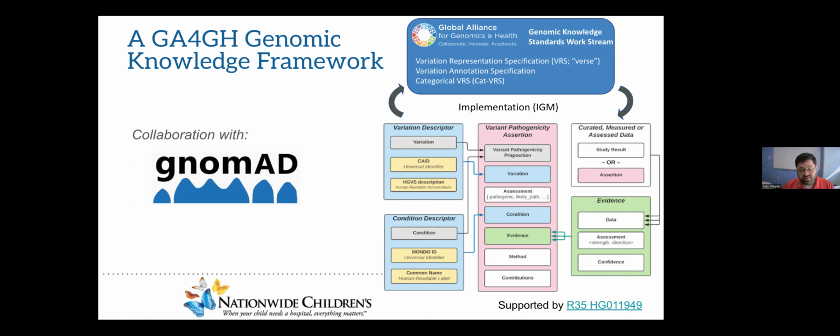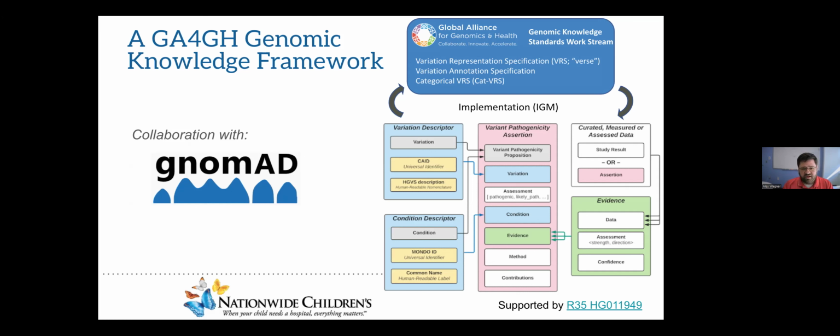And it's a very useful resource for doing genome interpretation, because if you have a rare disease, a disease that you don't see very frequently in the population at large, and you see a variant in that patient and that variant is very common in the population, it's unlikely to be at a minimum the sole driver for the disease context that you're evaluating.